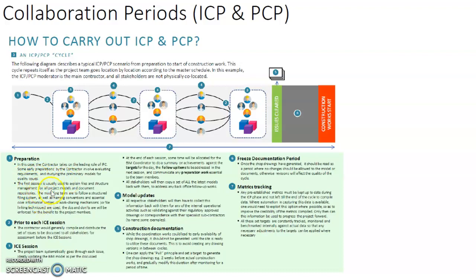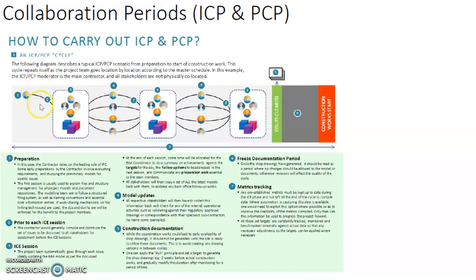The first session is usually used to explain the file structure and structure management for all project models and the document repository site. The modeling teams are to follow a structured filing system as well as a naming convention and essential core entries. If work sharing mechanisms are used, the do's and don'ts will be enforced for the benefit of the project members.